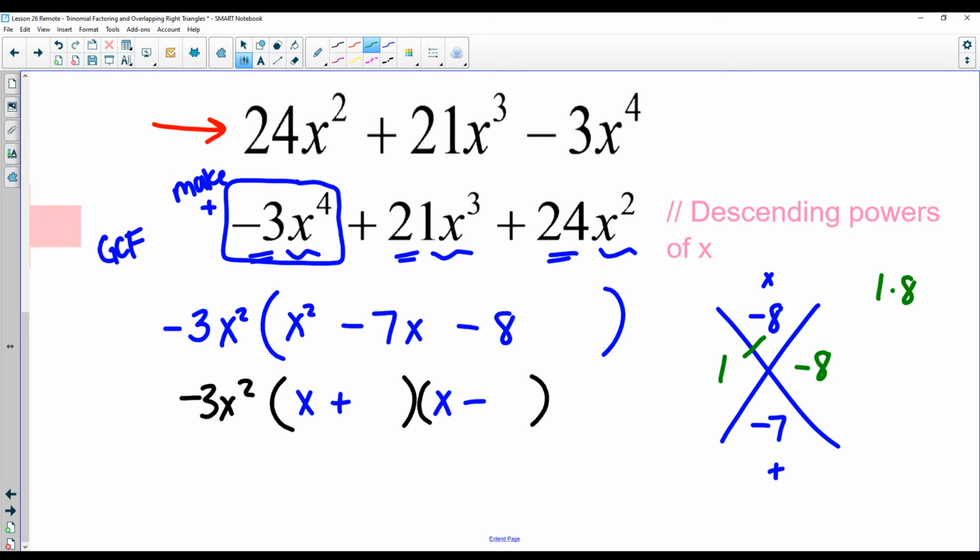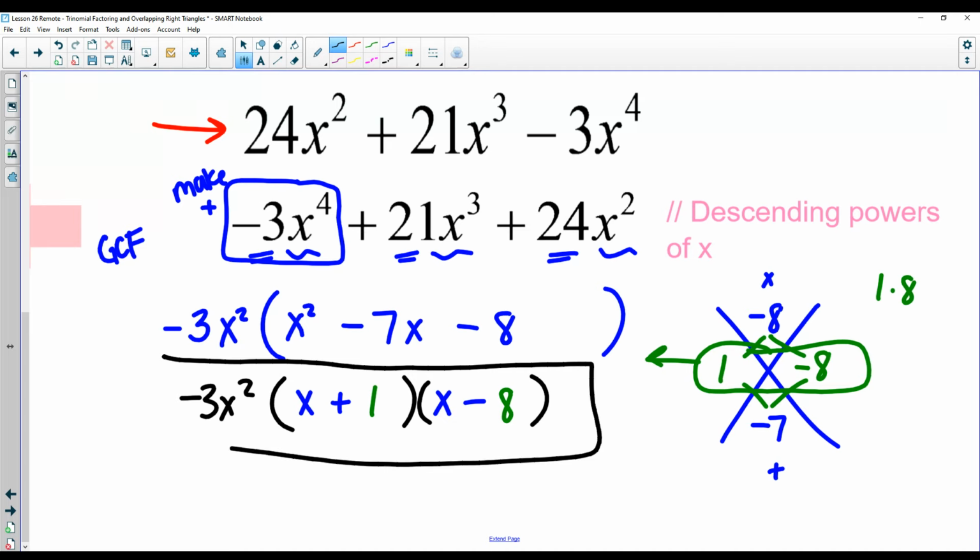Okay, so if you multiply them, you get the negative 8. If you add them, you get this number down here, negative 7. Okay, so that works. Those are my numbers that are going in the parentheses. So we have a positive 1 and a negative 8. Factored.